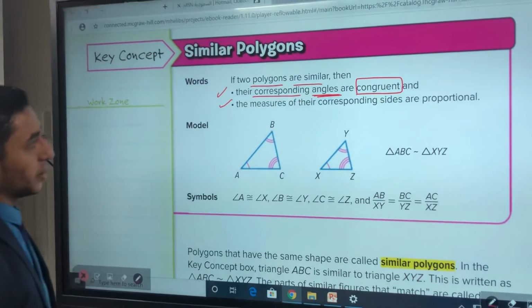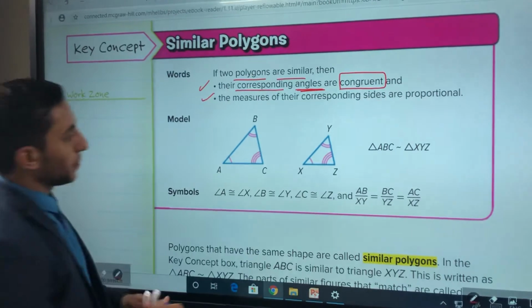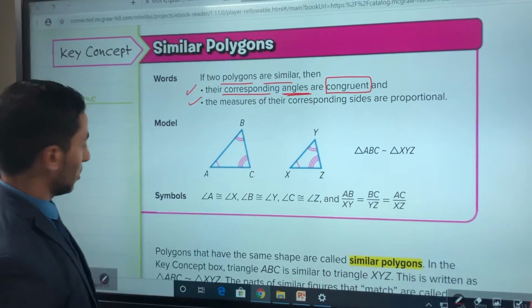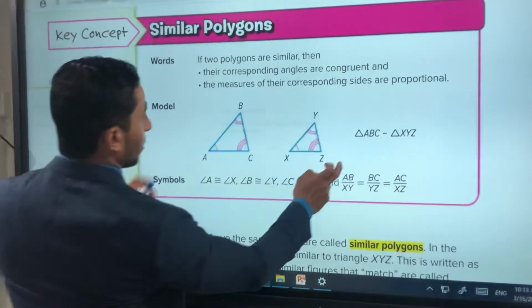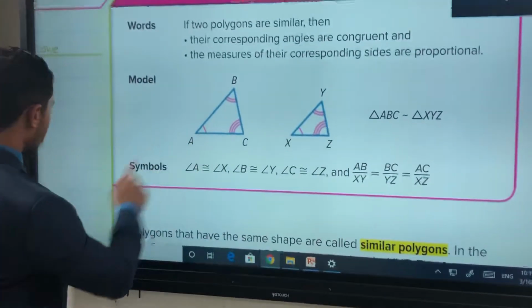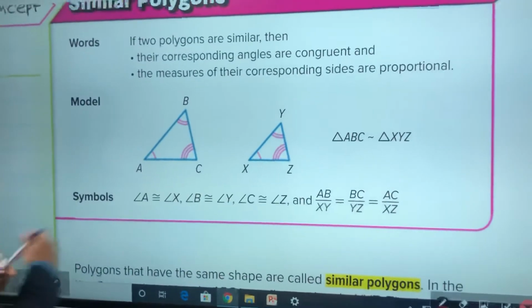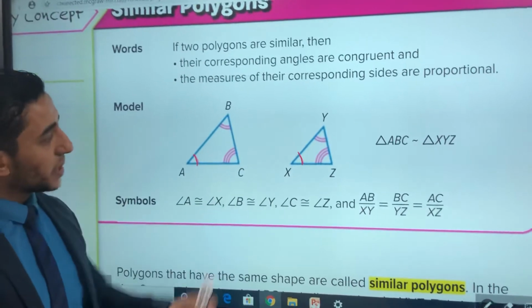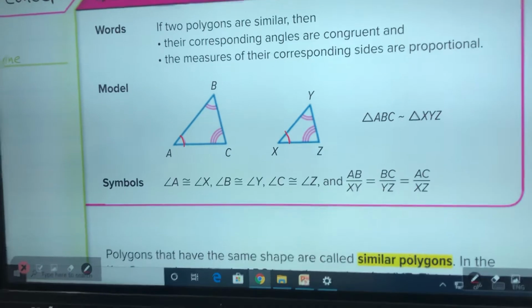Corresponding, this word. Corresponding, like A, it's 1 arc, and X 1 arc. Again, here, A with X, so A and X are corresponding.